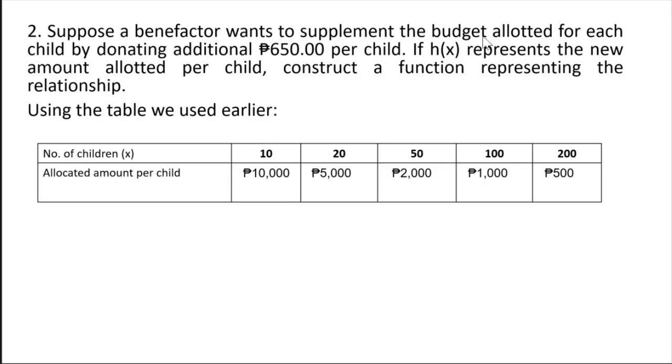So the budget allotted for each child by donating an additional 650, meaning we have to add 650 per child.